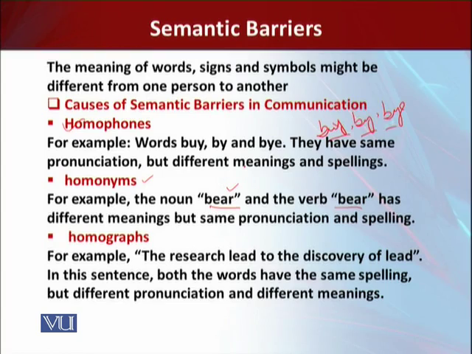So this is basically an animal, you can say, or this is a verb, to bear in mind or to bear the pain. And this, of course, is an animal. So the words which have the same pronunciation and same spellings can also cause semantic barrier.